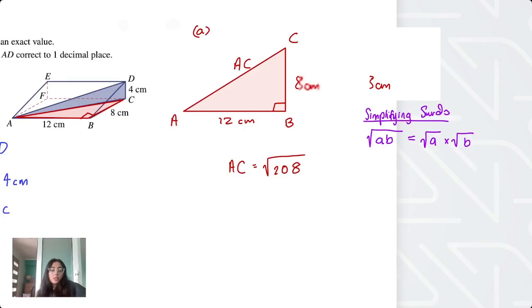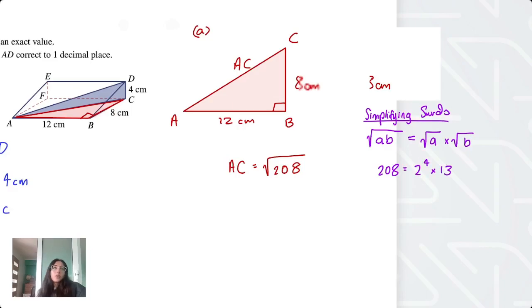So remember, you type 208 into your calculator and click shift fact, and it gives you 2 to the power of 4 times 13.